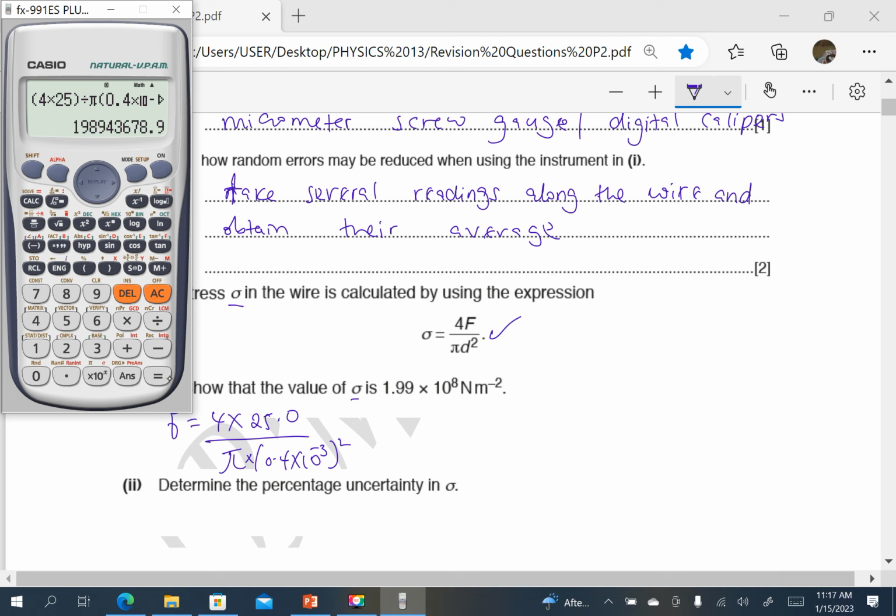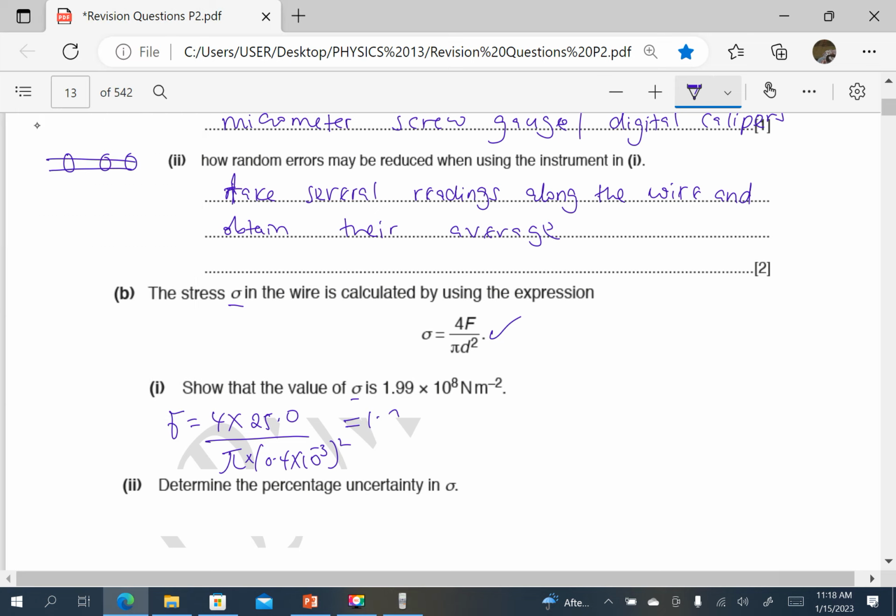So we are seeing that this is giving us 1989, which is 1.99 times 10 power 1, 2, 3, 4, 5, 6, 7, 8. So it is 1.99 times 10 power 8 as required.